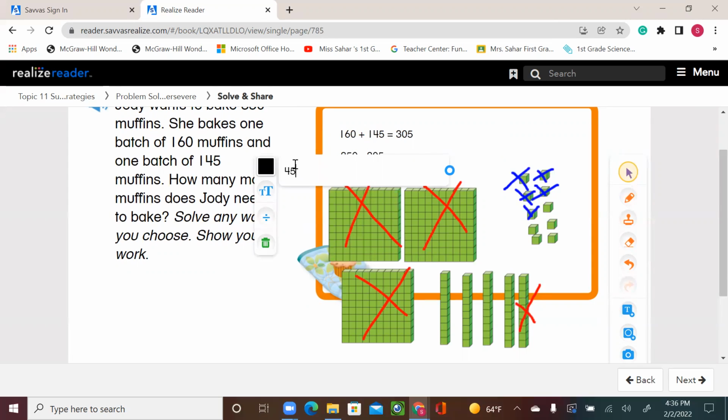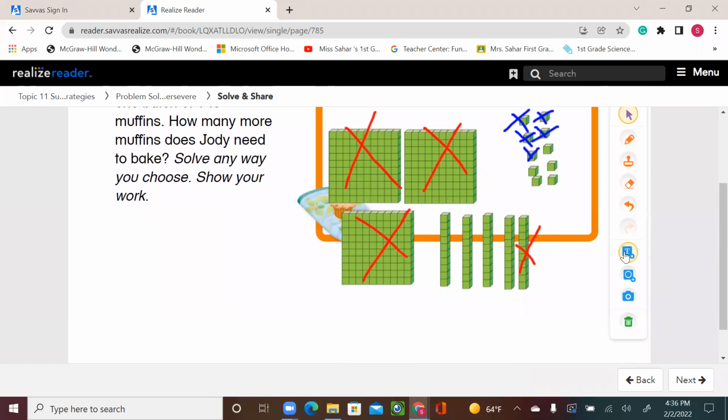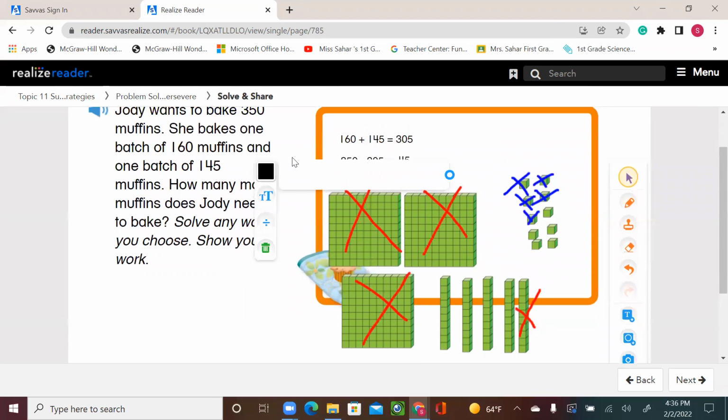That means Jody needs to bake 45 more muffins to reach her goal. So let's write this down. Jody needs to bake 45 more muffins.